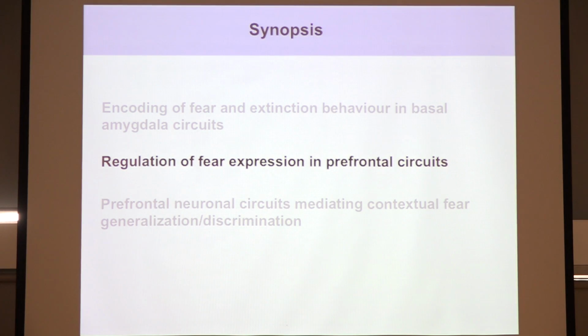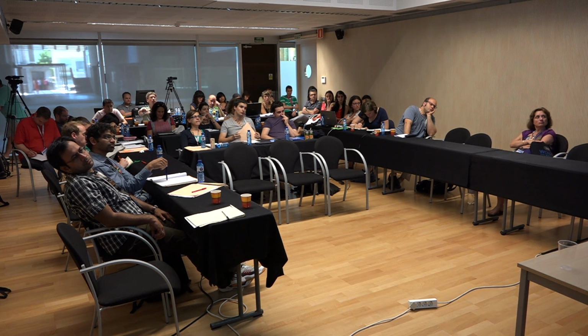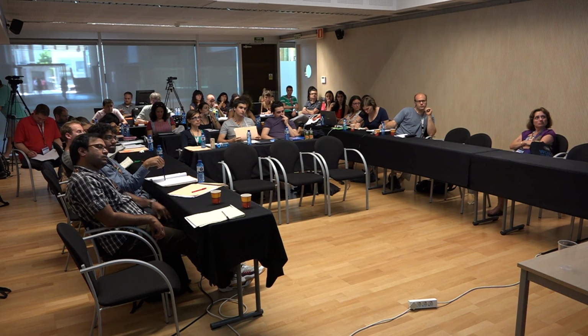Okay, so this was the first part about the fear and extinction neurons, and I will switch now to the prefrontal cortex. But before doing that, I put this scheme to summarize what we have shown so far. So you have fear and extinction neurons in the basal amygdala.